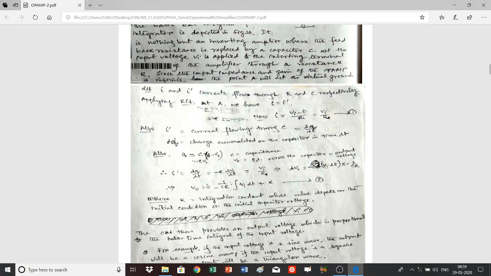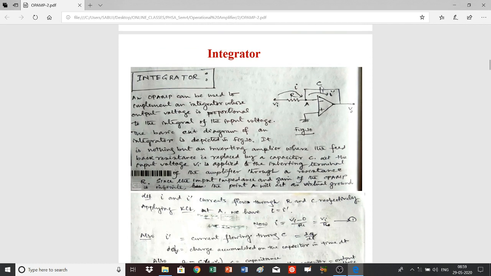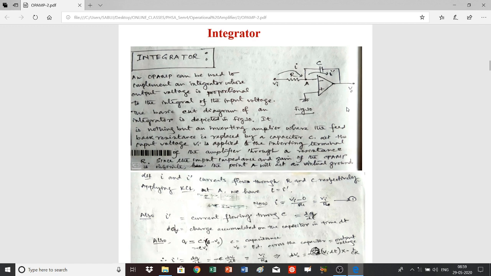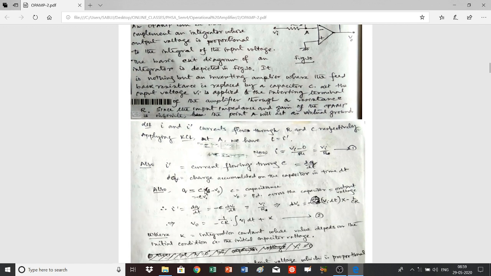Here the potential is 0 and here the potential is equal to V0. As we consider that the current is flowing in this direction, the potential difference should be 0 minus V0. So you can write Q is equal to C into 0 minus V0. That means Q is equal to minus CV0.